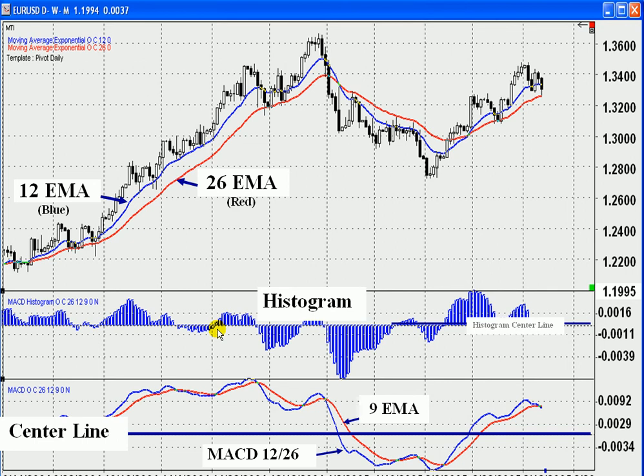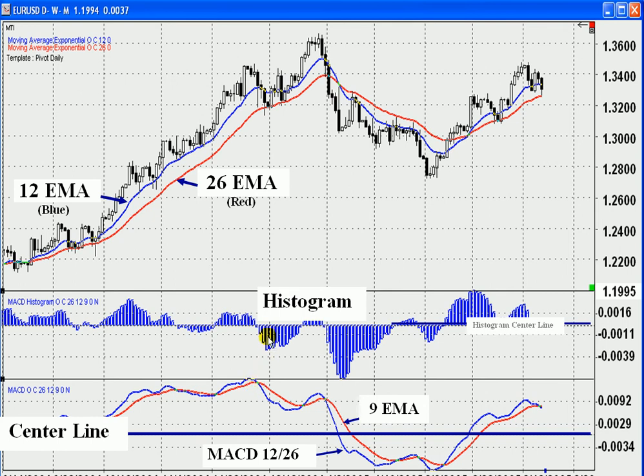If you have a look at how the blue 12 and 26 crosses over the 9, the red, you'll see that the histogram also has what's called a histogram center line, and the histogram is crossing over the center line from above to below.